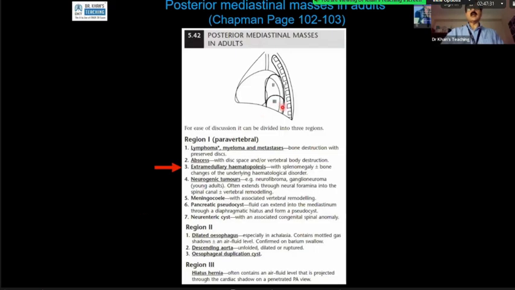On a lateral film in the posterior mediastinum, there is region 1, region 2 and region 3, and there are specific things which can be considered. This is a posterior mediastinal mass in an adult. Extramedullary hematopoiesis is one of them, neurogenic tumor is another, and there are some others like lymphoma, myeloma and metastasis.